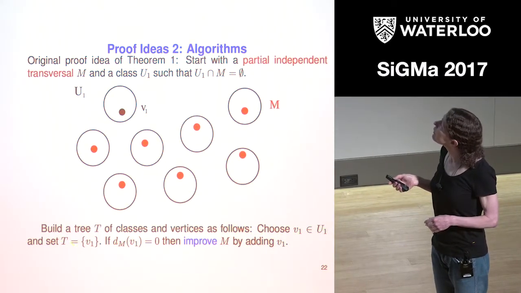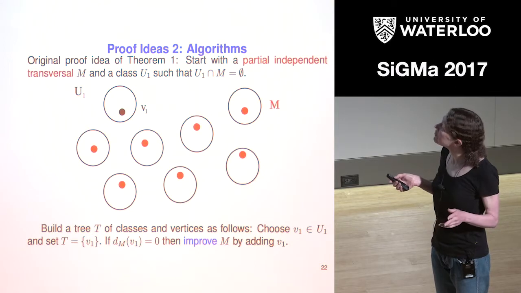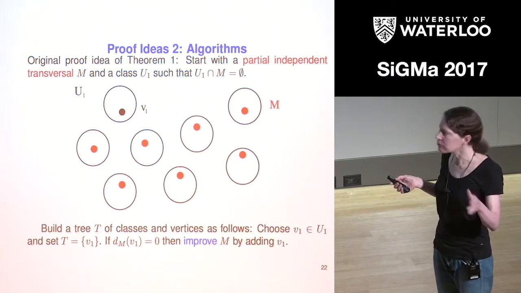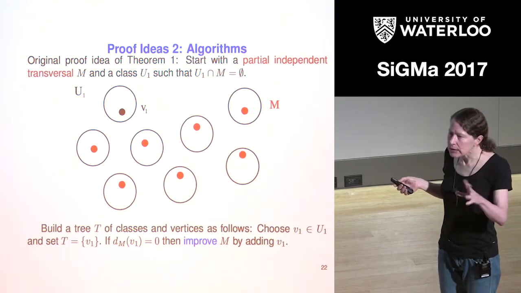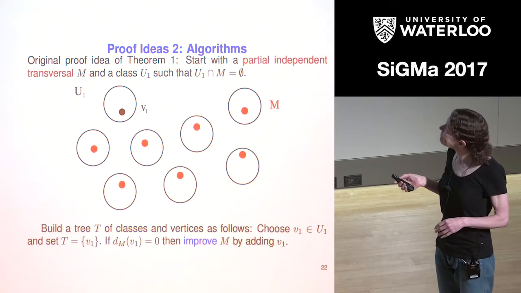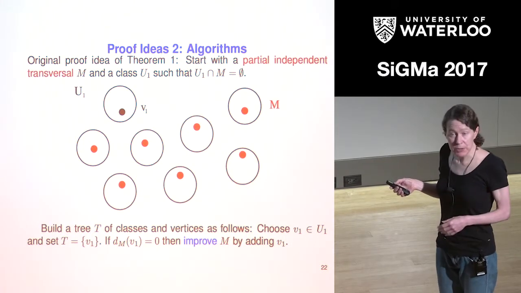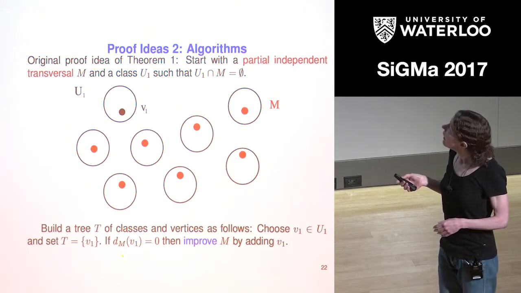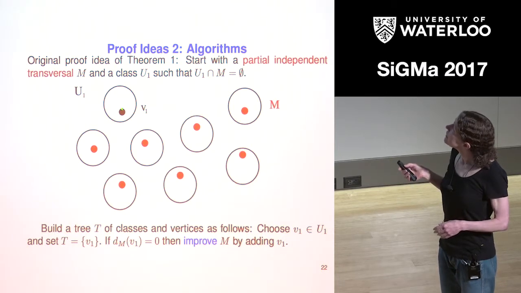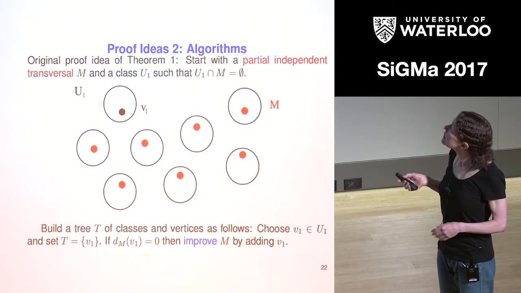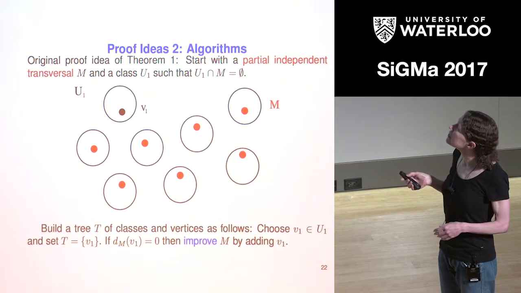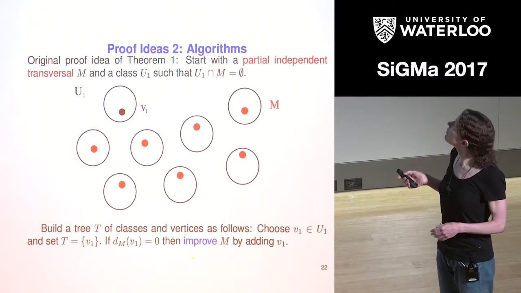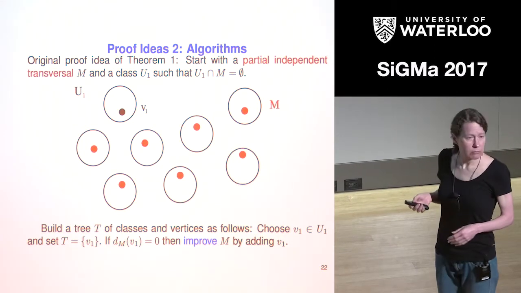And what I'm going to do here is build a kind of tree. It says tree, but it's not really a tree. It's a kind of tree of vertices and classes in some complicated way. But I'm going to define some special set of vertices T. So I just take this V1, I put it in T, and I ask, is the degree 0? If the degree is 0, then I right away improve M. Easy.